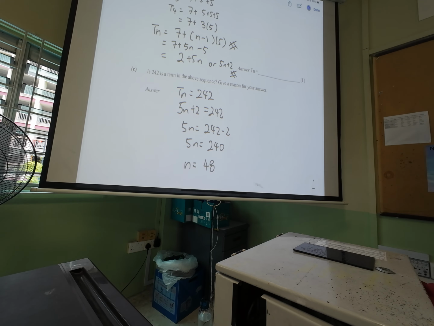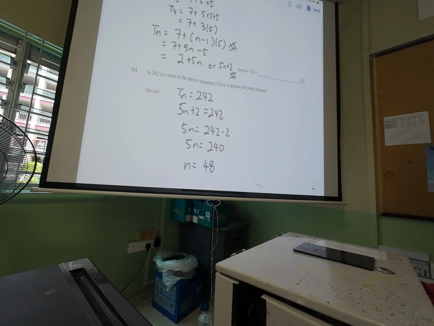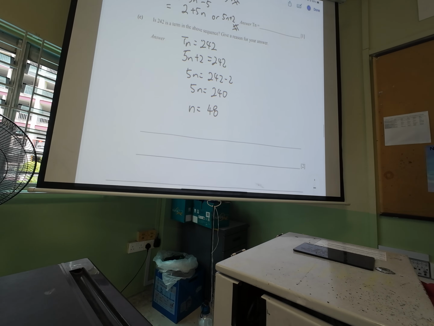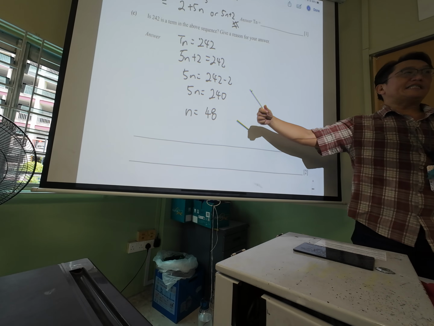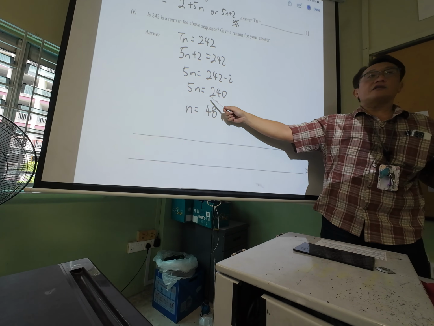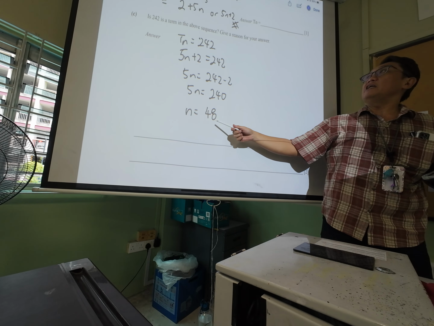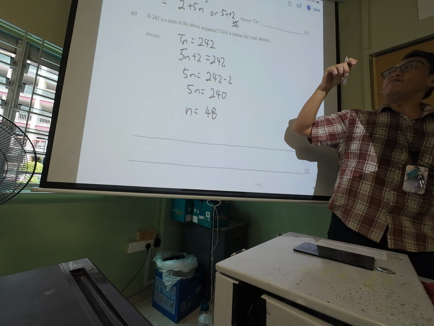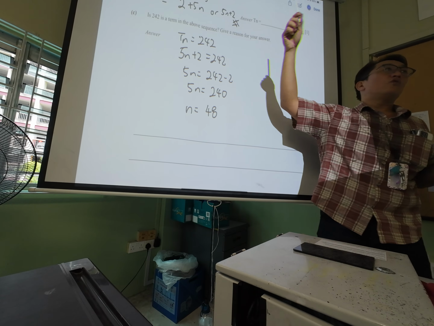When your n is an integer or a whole number, that means there is a term that will make 242. That number of term is 48. The 48th term will be 242.